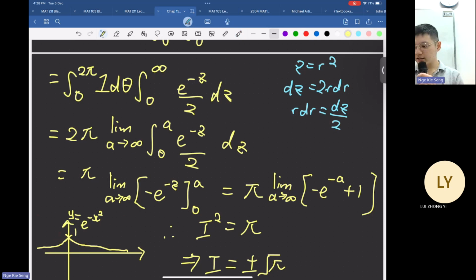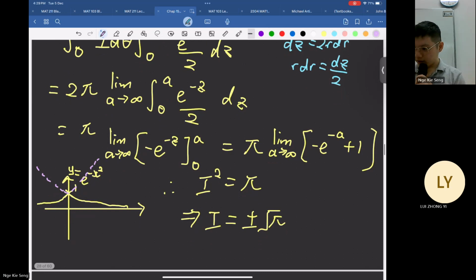You should see that this is the combination of two types, the combination of this one and this one. And then what is this area here? This area here should be positive.